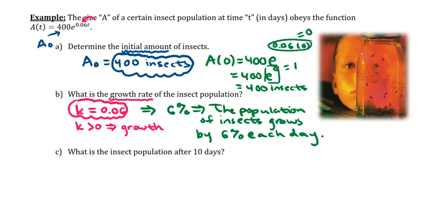So that takes us to our last part here. What is the insect population after 10 days? The value of 10 days right here is a particular value of t. What you'll do is take that value of t and plug it into the function that was provided in the instructions. In other words, we'll do A of 10, and we have 400 e to the power 0.06 times 10.